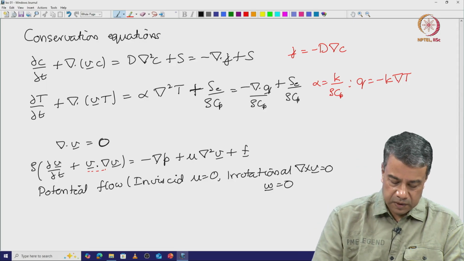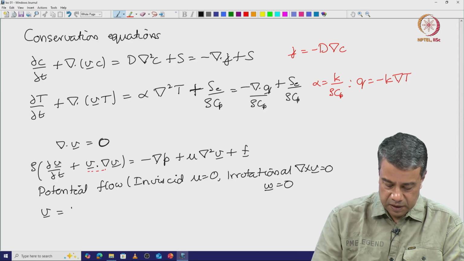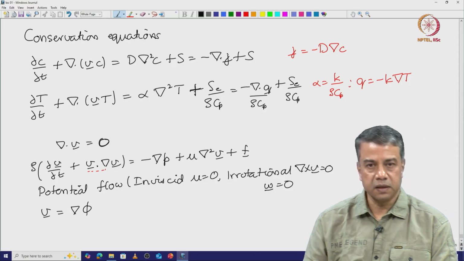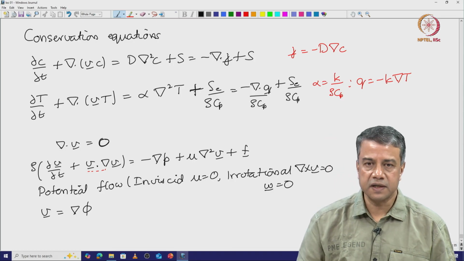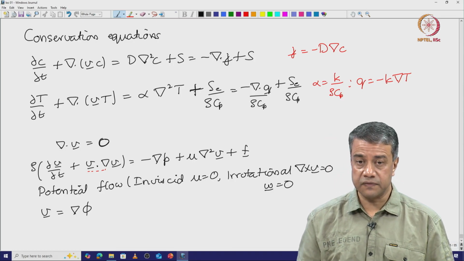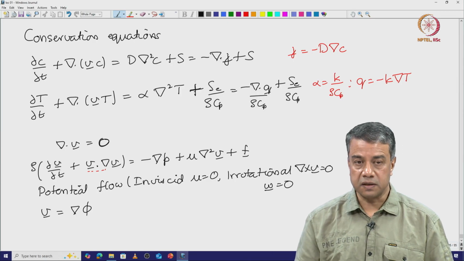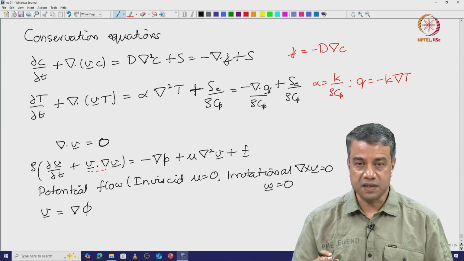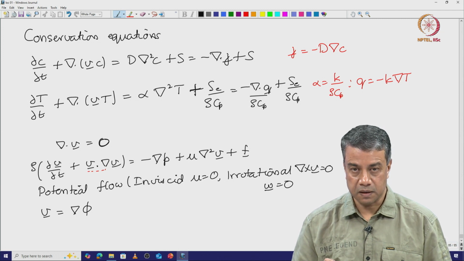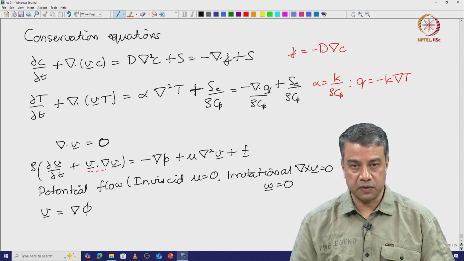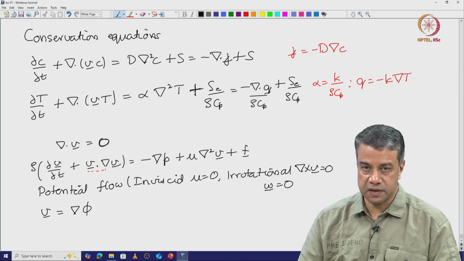You can write the velocity as the gradient of a potential. This is a significant simplification because the velocity is a vector, it has 3 components. When it is irrotational, you can write it in terms of just a scalar function, the velocity potential. So, it is a significant simplification in this case.